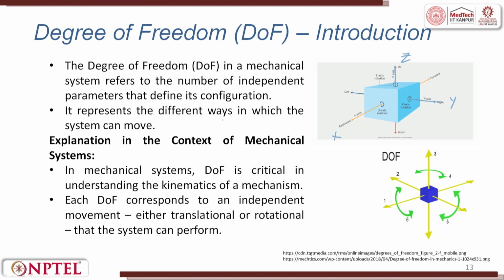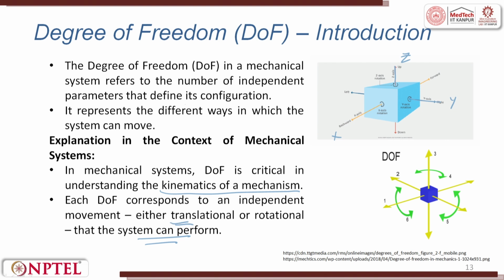So, it represents the different ways in which the system can move. In a mechanical system, degrees of freedom is critical in understanding the kinematics of a mechanism. Each degree of freedom corresponds to an independent movement, either translation or rotation, that the system can perform.